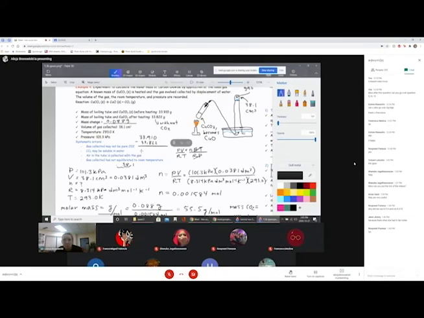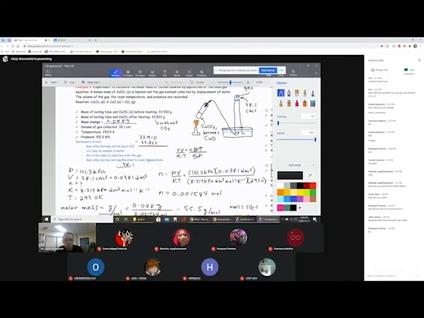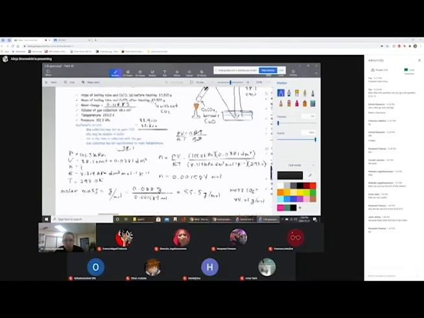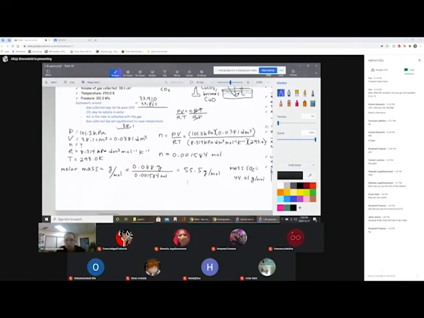I can collect air in the tube with the gas, or the gas collected has not equilibrated to room temperature. I'm not sure what that one means. Maybe it's still really hot, so it's spread out more than it should be, and it's taking up more space in my tube.